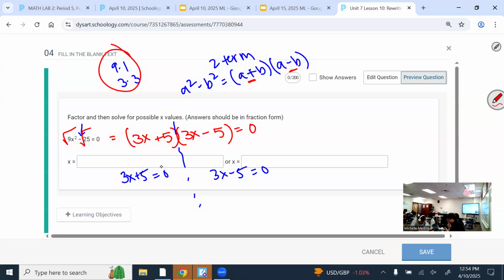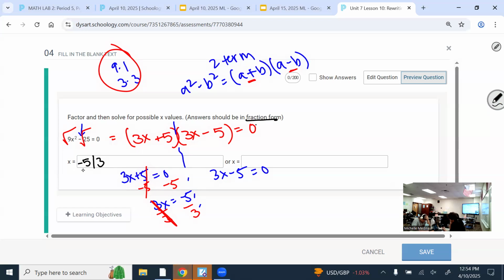So in the first one, I need to subtract 5 on each side. It becomes 3x equals -5. Opposite of multiplying by 3 is dividing by 3. So my first x has to be -5/3, because it did say it wants it in fraction form, not a decimal.